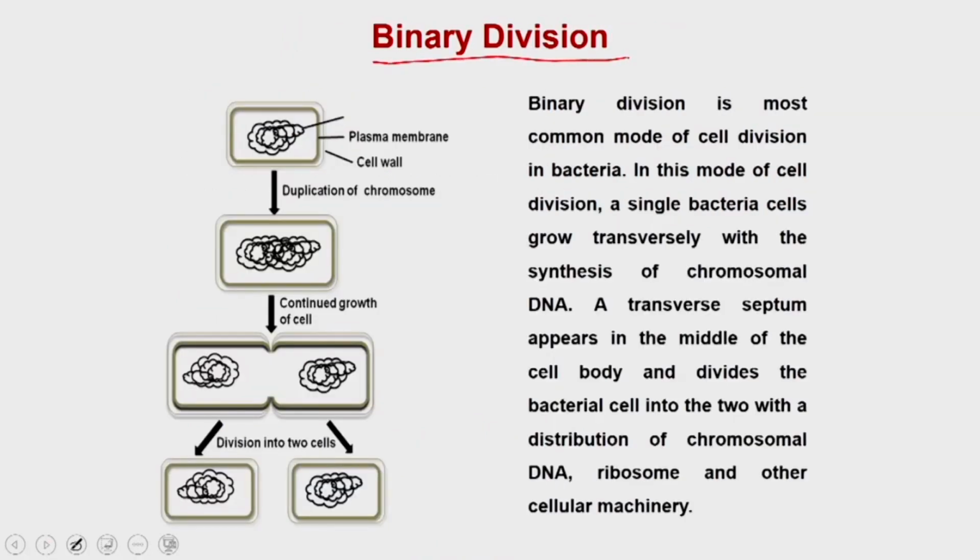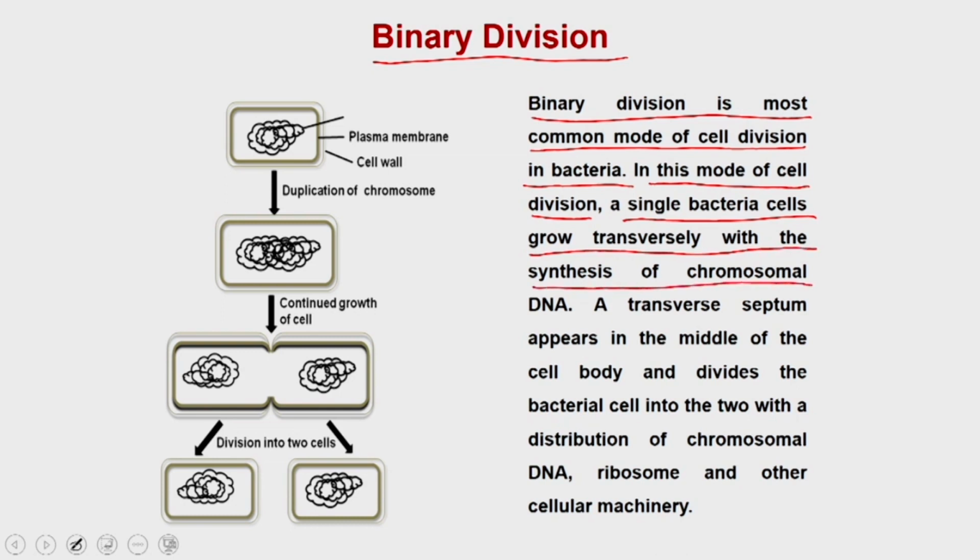As we discussed, binary division is the most common type of cell division in bacteria. In this mode of cell division, a single bacterial cell grows transversely with the synthesis of the chromosomal DNA. The single cell, which has the chromosomal DNA, replicates it, and once it replicates, it also doubles its genomic contents.